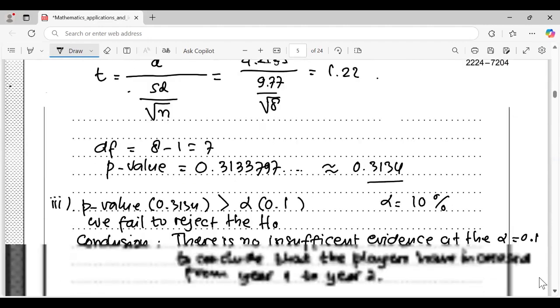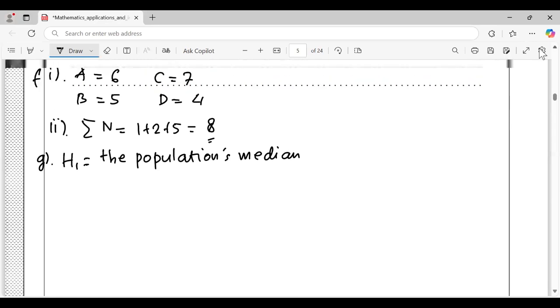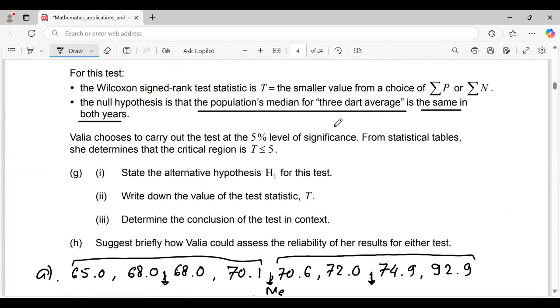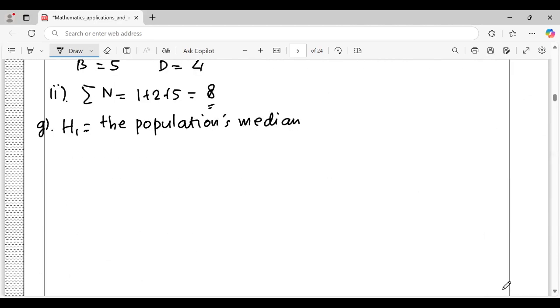Okay, the population's median for 3-dot average, I forgot, for 3-dot average is greater, or is an increase. I'm going to use the term increase.